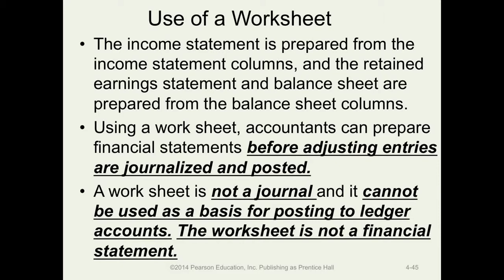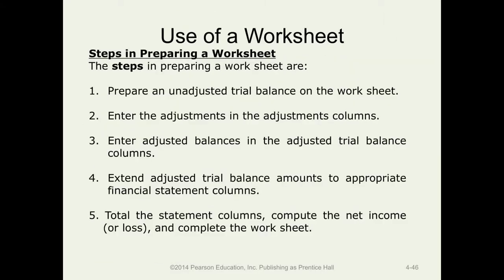So when we prepare the worksheet, we have to follow certain steps, which is really equal to the sections of that worksheet. The first step is we prepare the unadjusted trial balance. Then we enter the adjustments in the adjustments column.